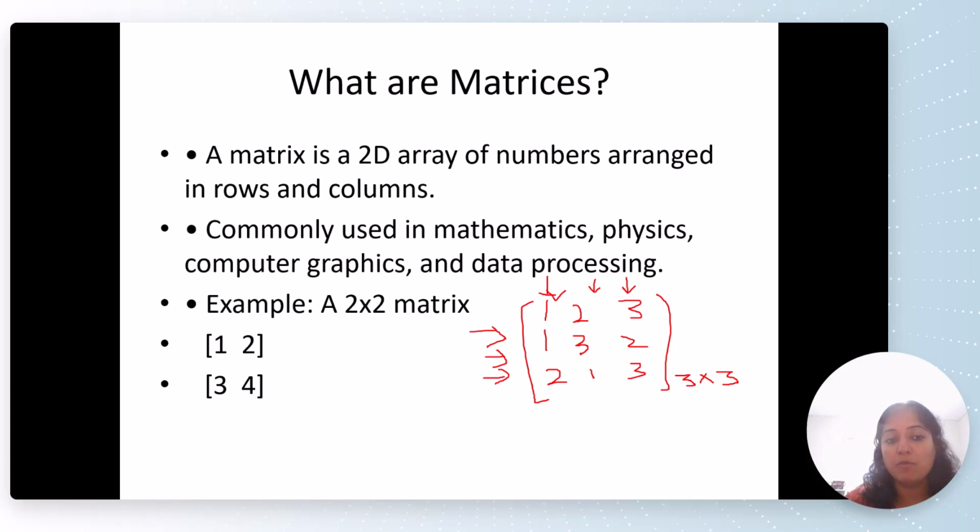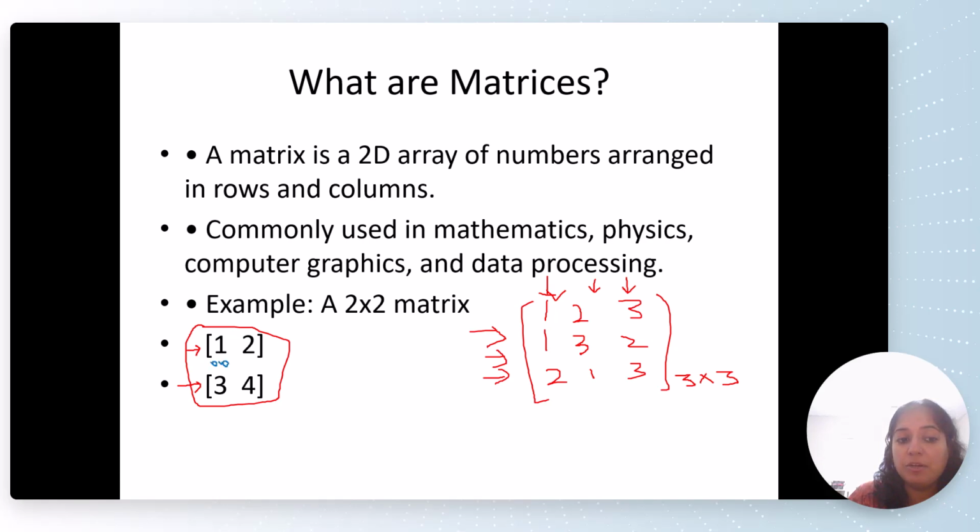This is an example of a 2 by 2 matrix where we have 2 rows. The first row consists of values 1, 1. The second row consists of values 3, 4. Make sure the indexes always start with 0, 0. So the index of this element 1 will be 0, 0.